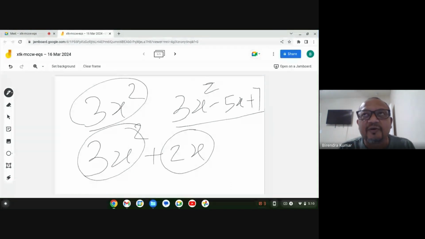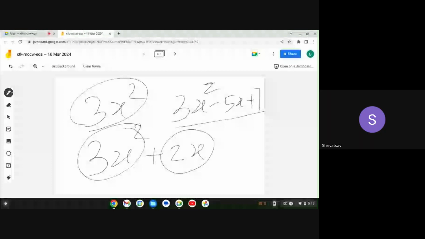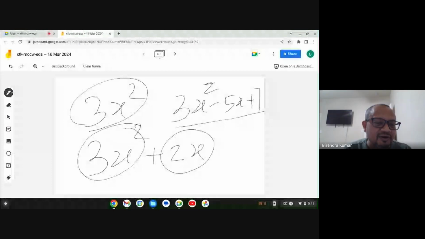So polynomial is a term used for expressions where you have more than one term. Interestingly, even with one term, people call it polynomial. That's how we have got used to it. But in absolute terms, any expression which has more than one term is called a polynomial expression. That was just the prelude to what we are going to learn today.